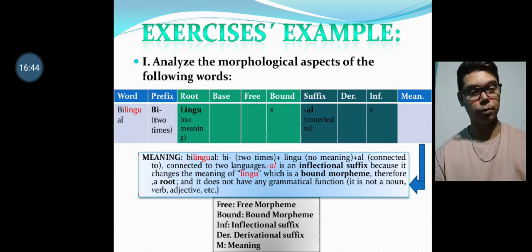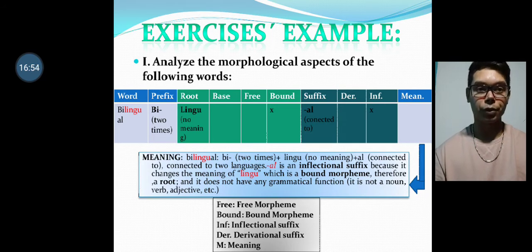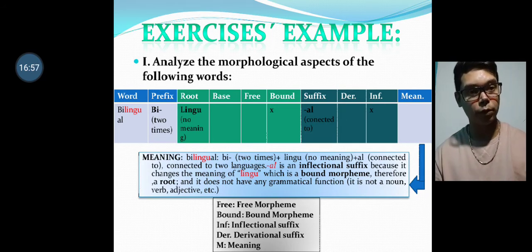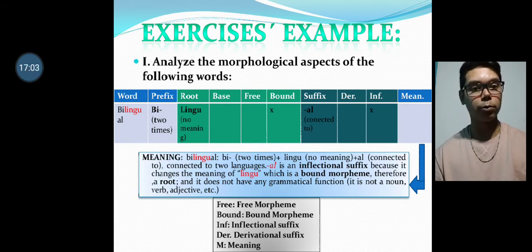We have bi, which means two times, plus lingu, which has no meaning, plus al, which means connected to. So there we are, connected to two languages. Al is an inflectional suffix because it changes the meaning of lingu, which is a bound morpheme and therefore a root, and it does not have any grammatical function. It is not a noun, verb, adjective, etc.